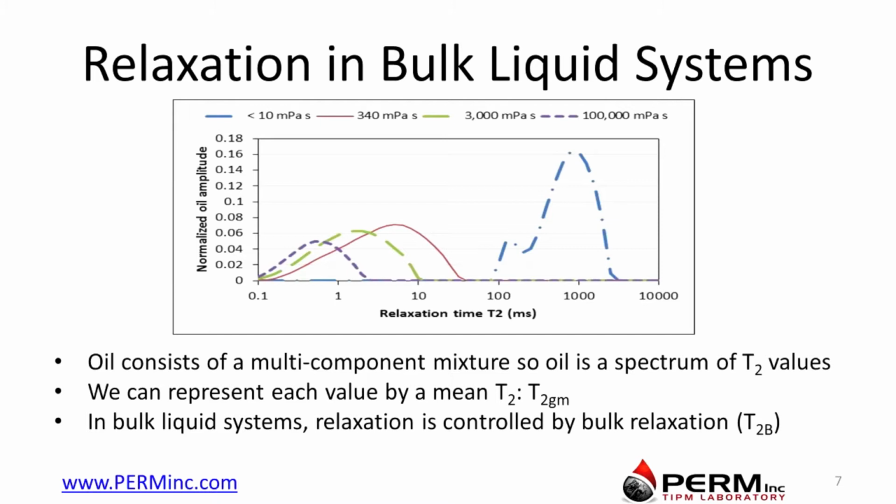The fact that the fluid is low viscosity means that the relaxation is slow and we get a long T2 value of the oil. As we go to higher and higher viscosity systems, we get faster and faster relaxation times. You can see the red, the green, and the purple in these slides here as we go to 300 centipoise to 3,000 to 100,000 centipoise.